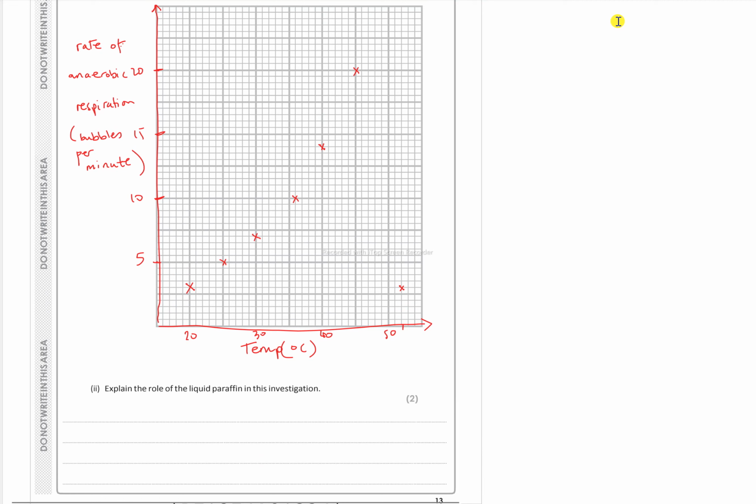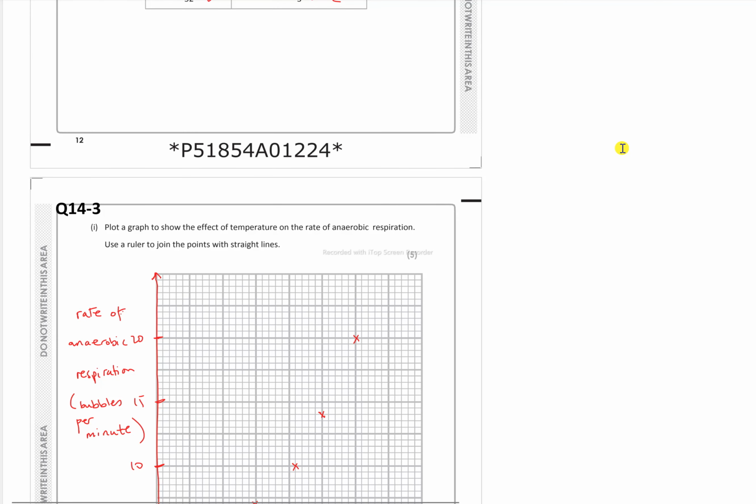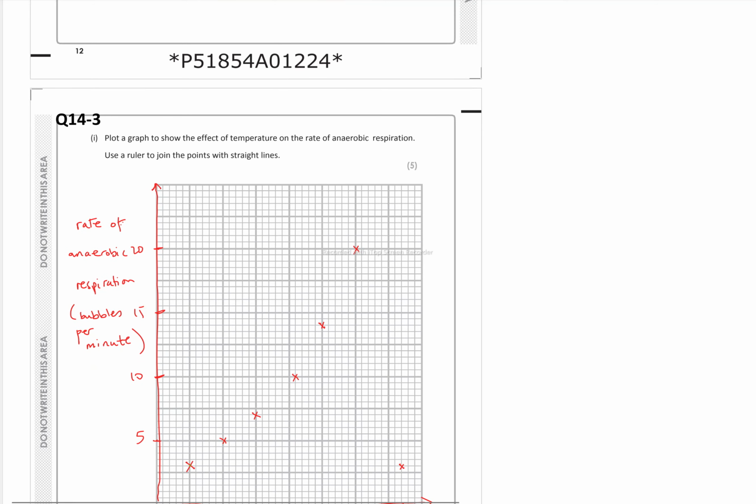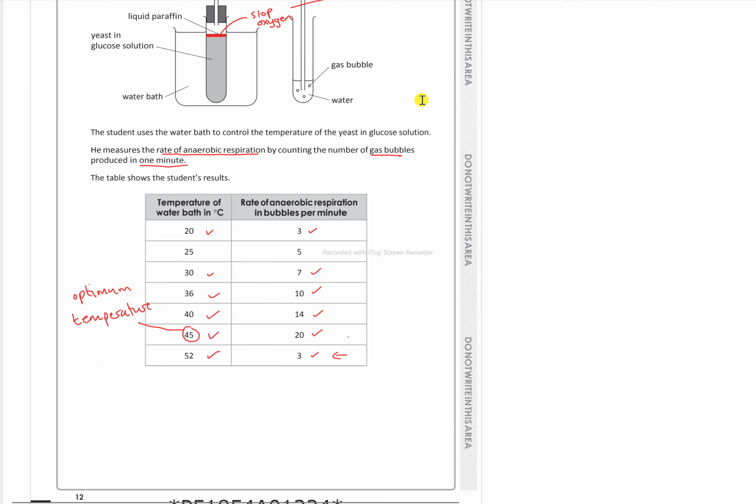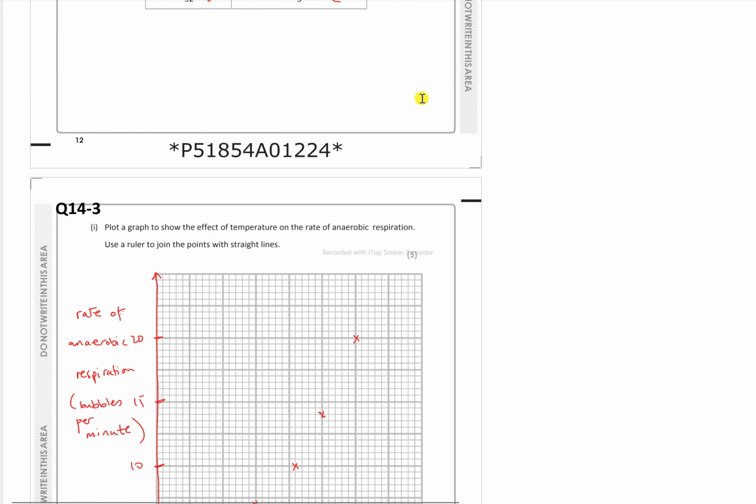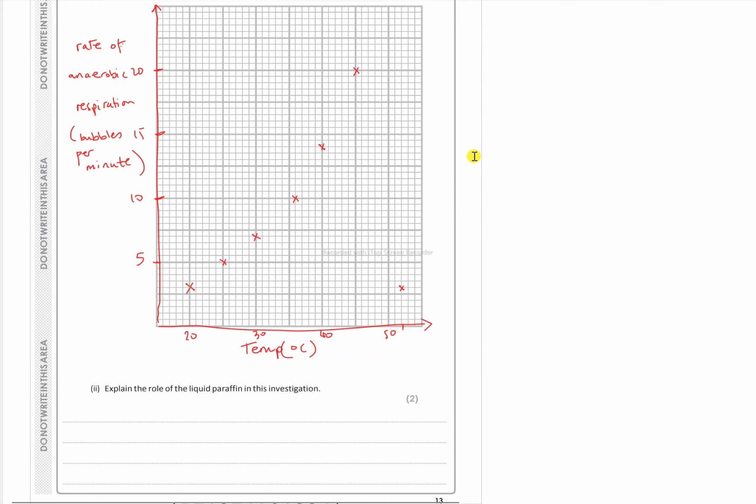So if you look, you plot a graph, okay, that's it. So we've got the units, we've got the scales, it's more than half, we plotted them correctly.